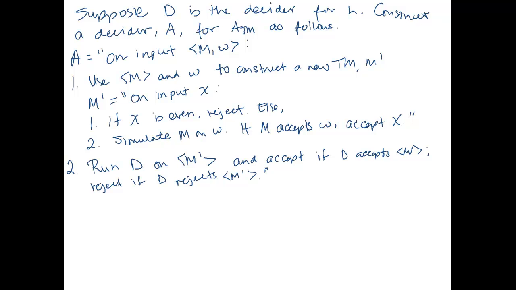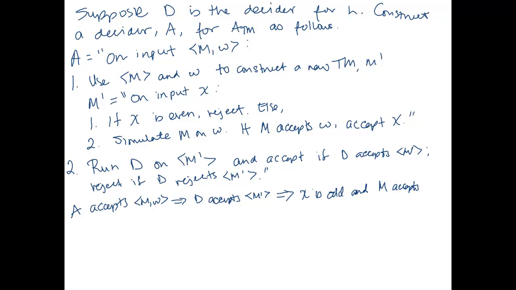Now let's make sure that this is a proper reduction from ATM to L. If A accepts the string MW, why does it do that? It does that because D accepts the machine description M prime.